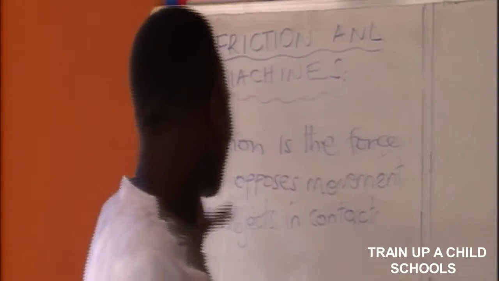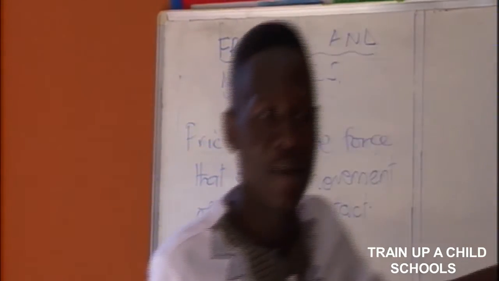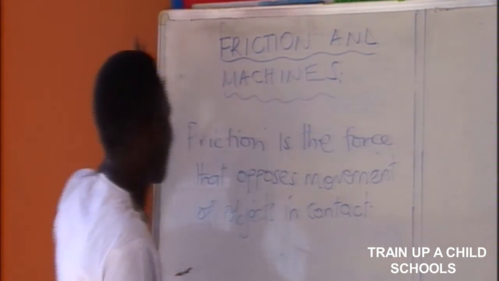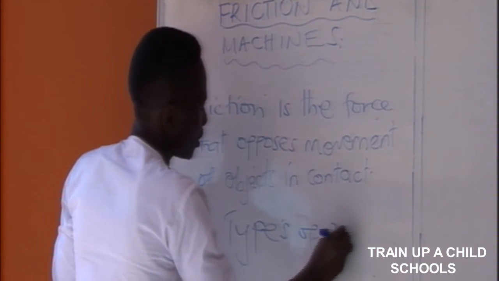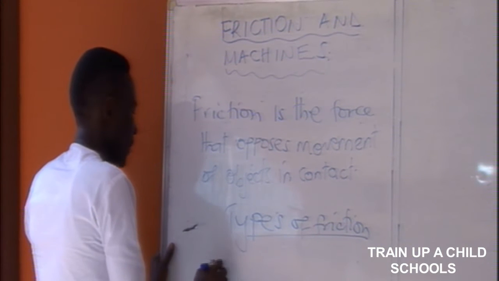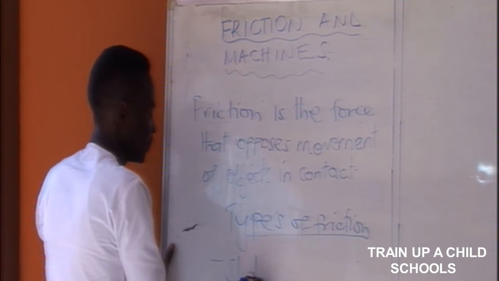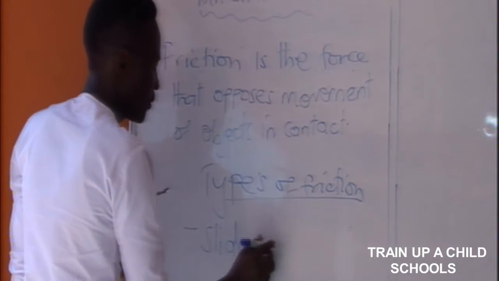And we are saying that we have types of friction. We have actually three types of friction whereby we shall have sliding friction, at times called rolling friction.